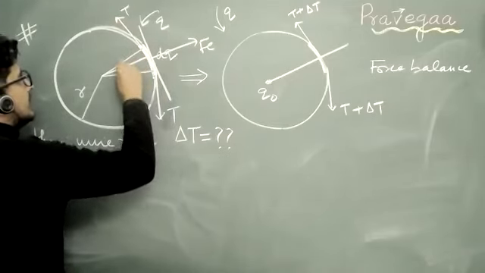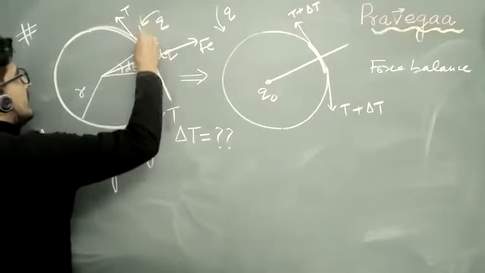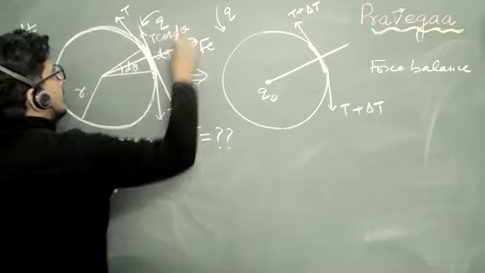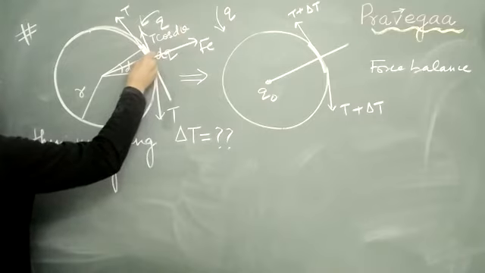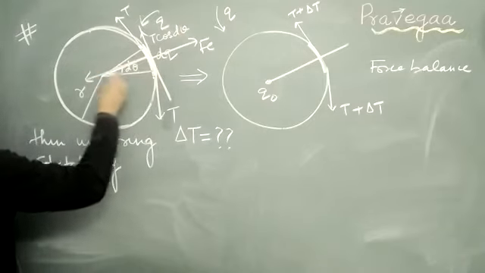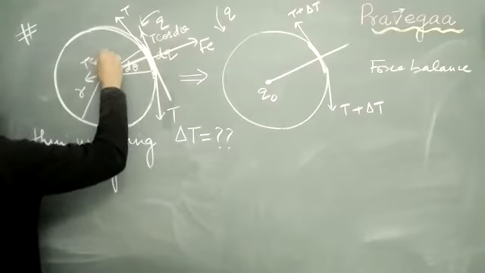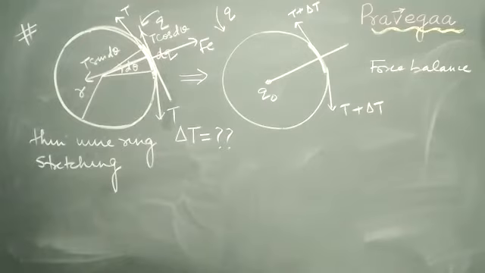So if I take this as a small angle d theta, its component will be T cos of small angle, and this component on this side will be T sin d theta.